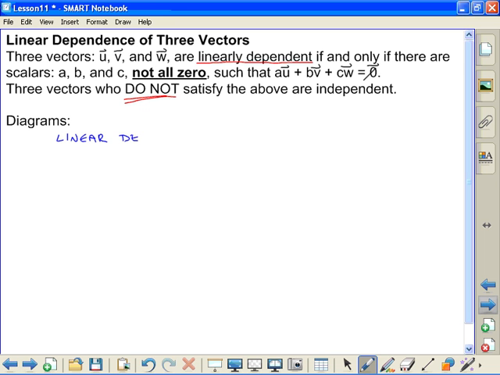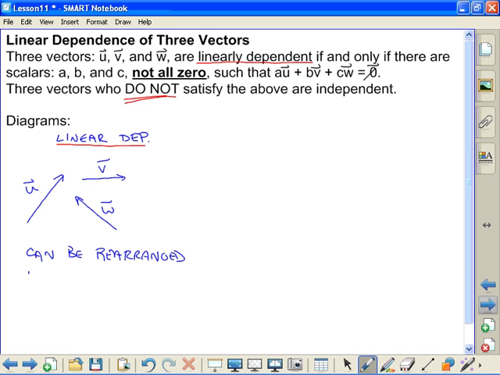So, a quick diagram with that. Linear dependence. So we're looking at three vectors, u, v, and let's put w in this way, that we could rearrange them such that they would form a closed triangle. So it can be rearranged to form a closed triangle.